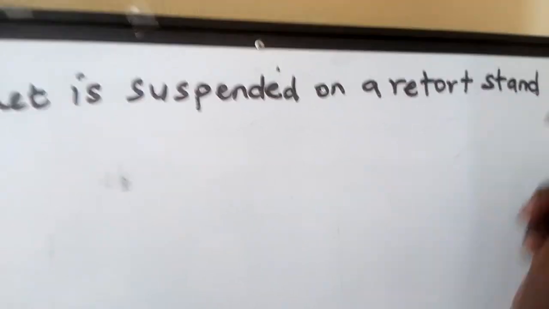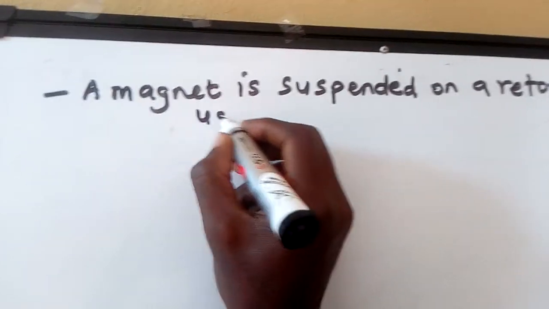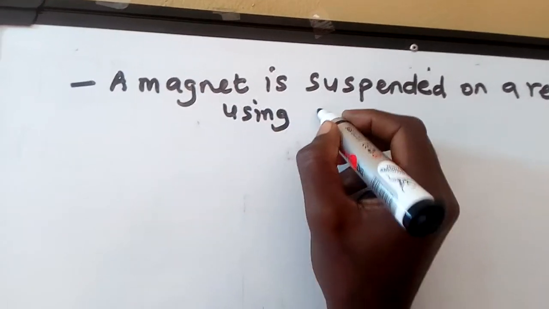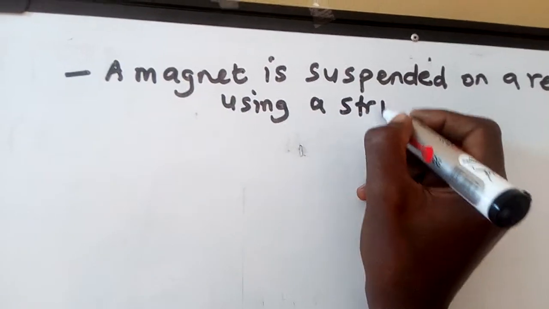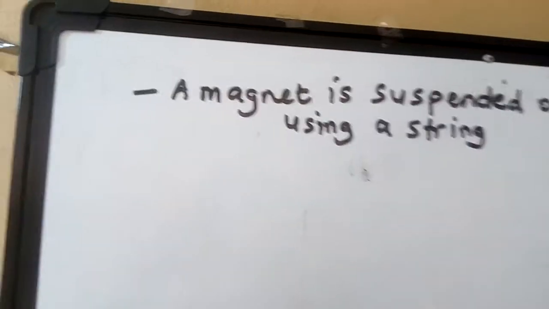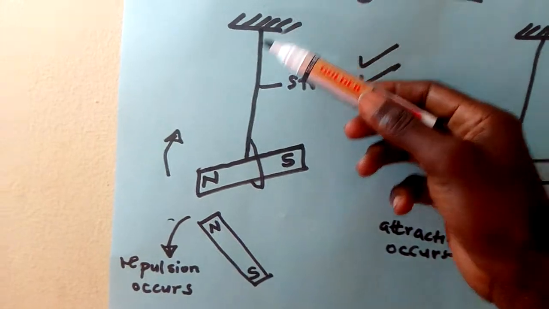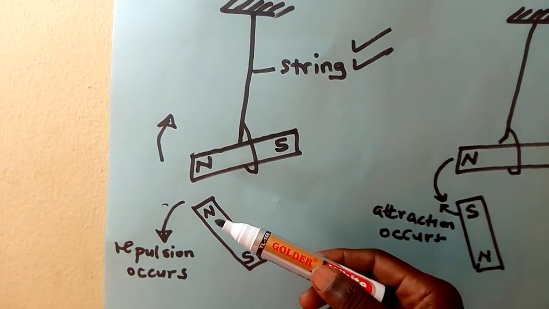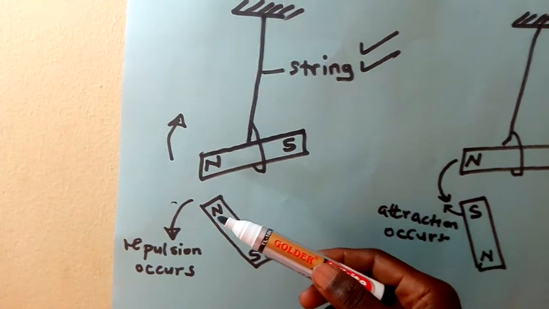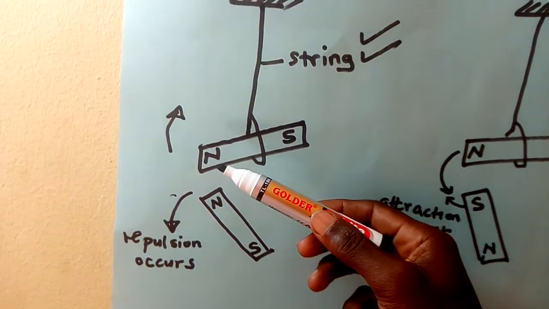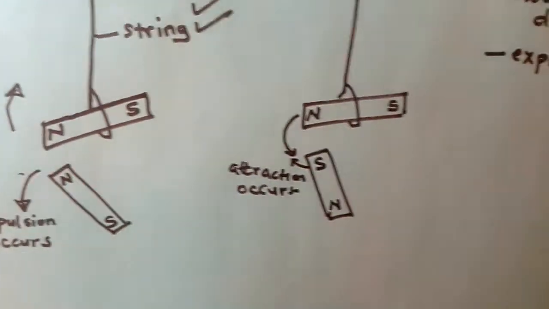How do you suspend it? Using a thread or a string. That is the first thing in this diagram. Then what else after suspending? You bring the north pole of another magnet near the north pole of the suspended magnet. So that is our next statement.